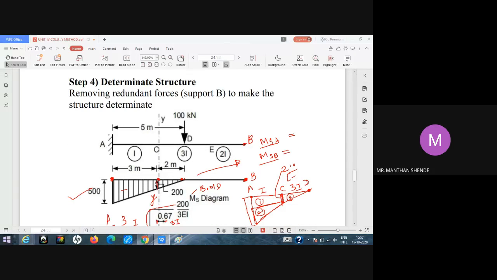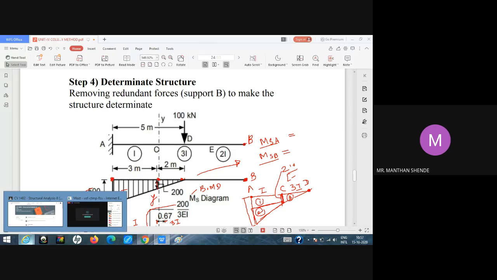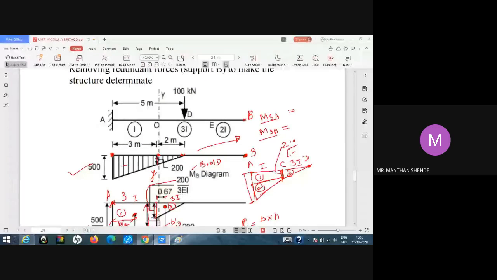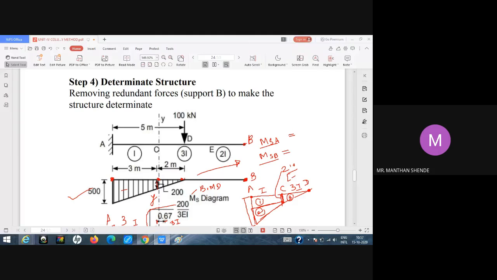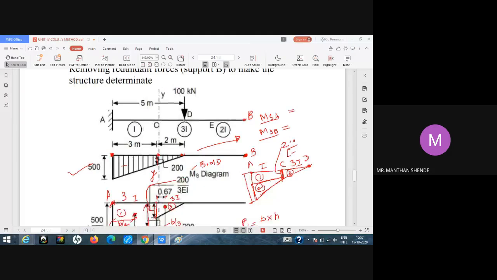Statically determinate moment at A, MSA and MSB.